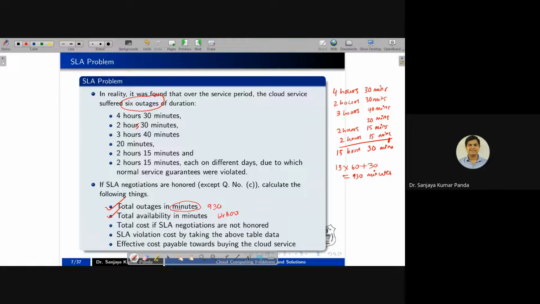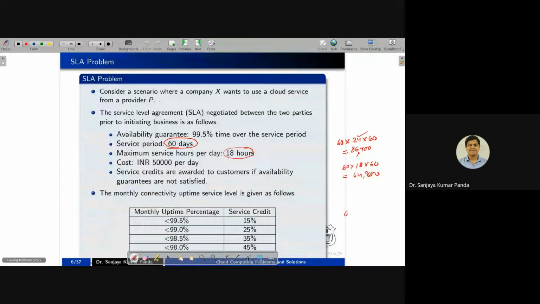Third question, it is asking total cost if SLA negotiations are not honored. If there is a violation, if the provider is not willing to pay, how much amount company X has to pay the provider. You know here it is 50,000 per day, right? And the service period is 60 days. So obviously it is 50,000 multiplied by 60 days.